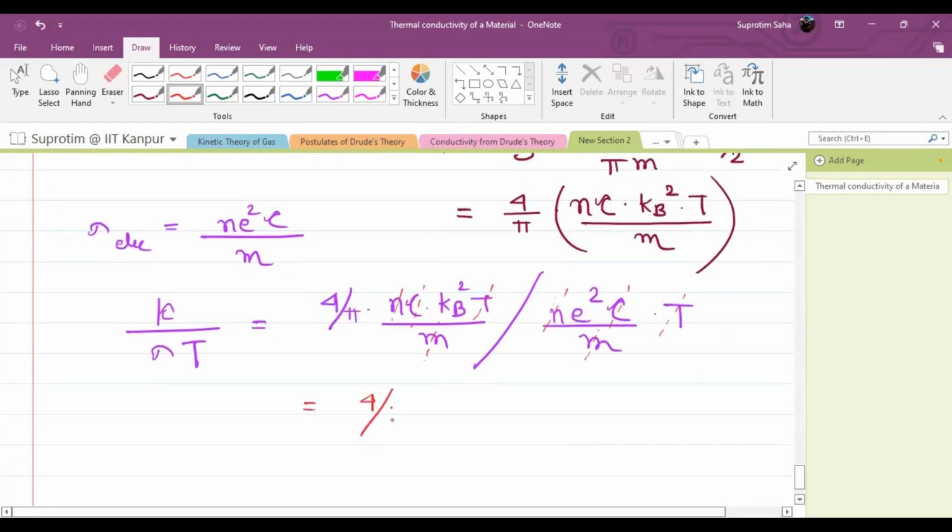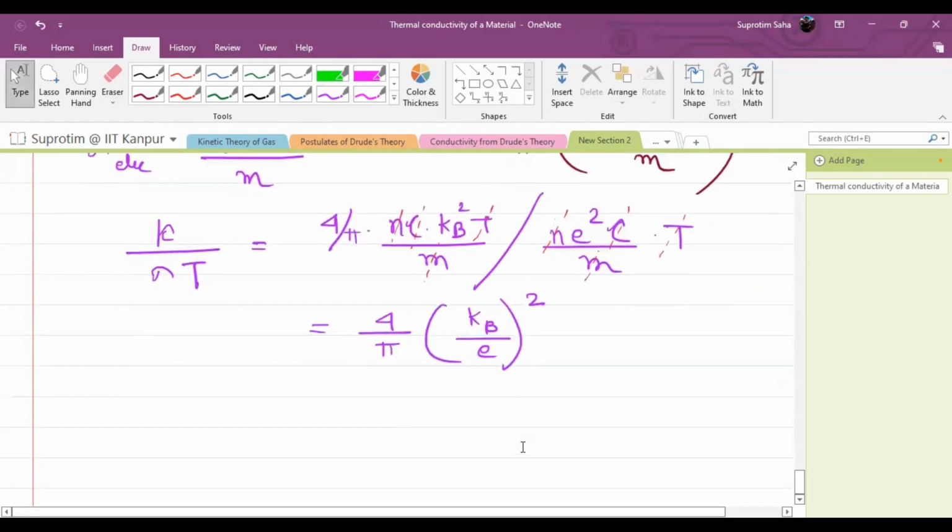Finally, what we are left with is 4 over pi kB squared over e squared. What is this? The ratio of the thermal conductivity and the electrical conductivity times the temperature is a constant.